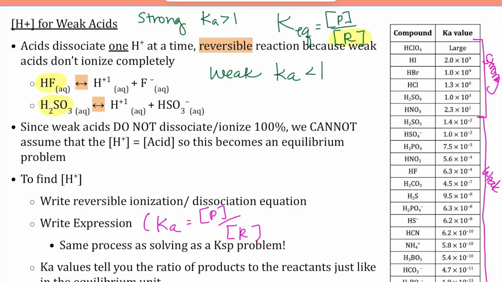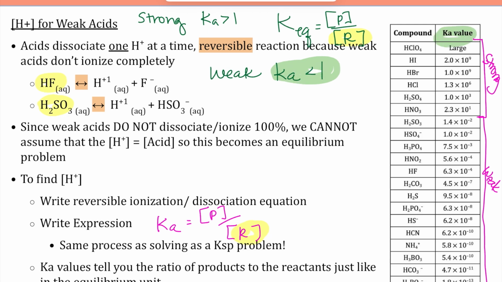It's just that we're talking about equilibrium of acids. And then we go through, and this is the same problem as a Ksp problem, because we're going to have information about the concentration of our acid, which is our reactant, but we're also going to have information about our Ka value.